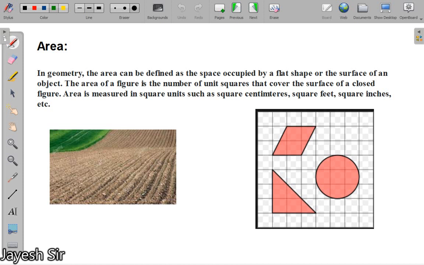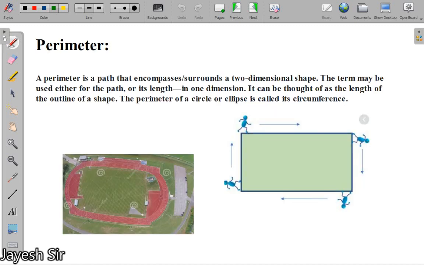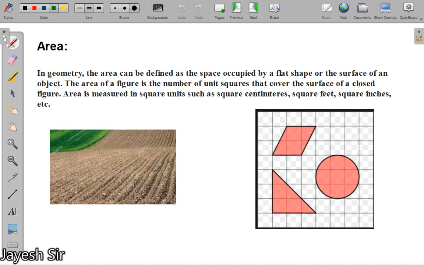First of all we have to understand the concepts that we are going to utilize in this chapter. We have two concepts, namely area and perimeter. I've written down the definition of area. This is a simplified definition of area, a bit elaborate, but it is a simplified definition.